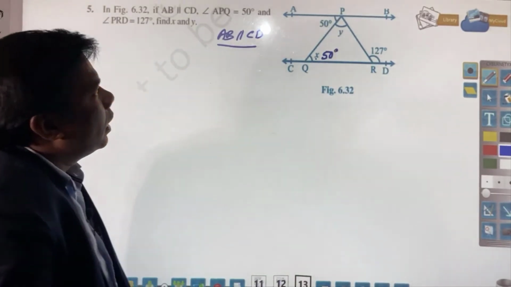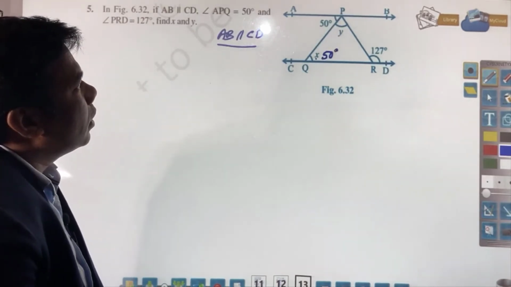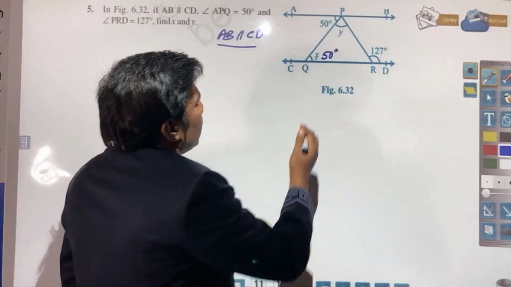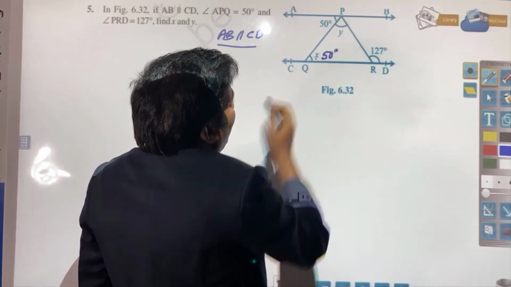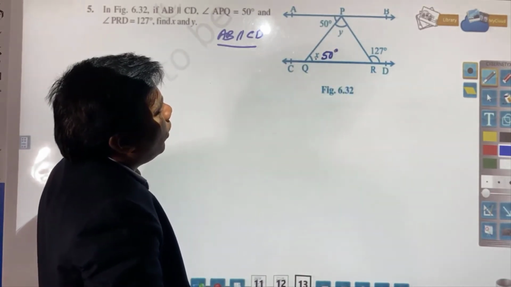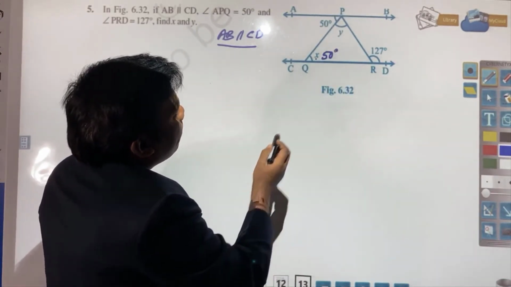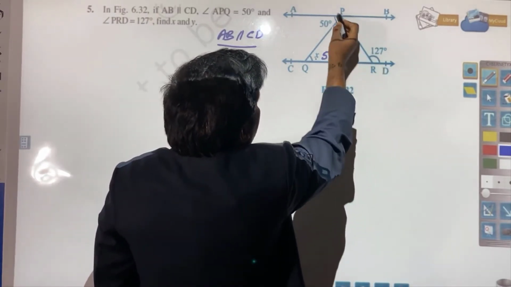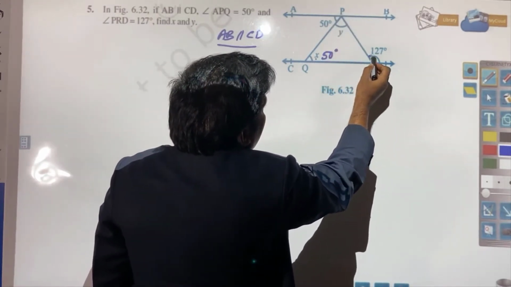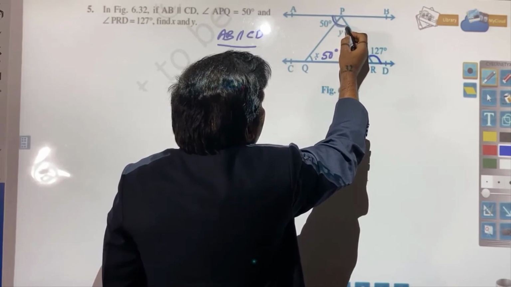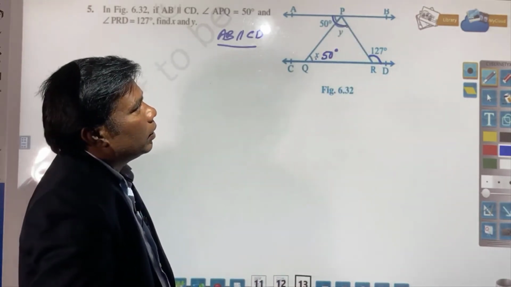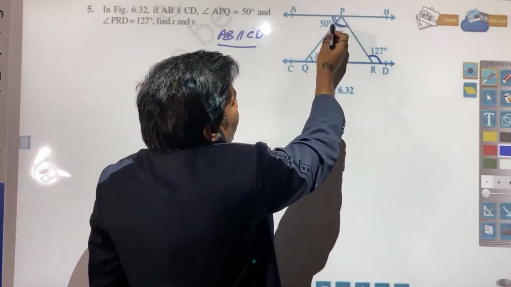This you have got. Now what you have to get? You have to get Y. How will you find out Y? Here you see, this is the transversal. So this angle and this angle are alternate interior angles. So both will be equal.